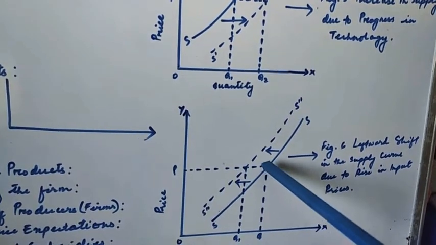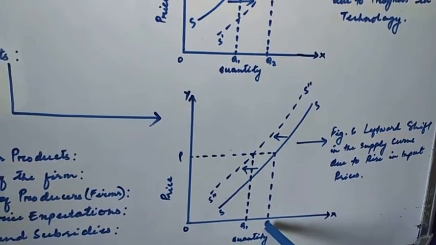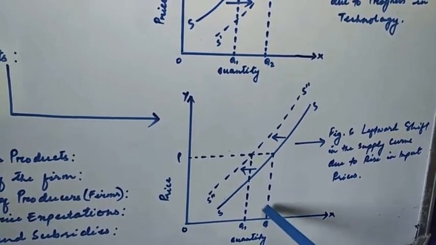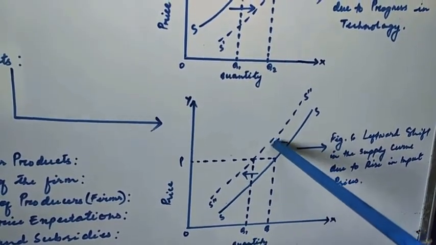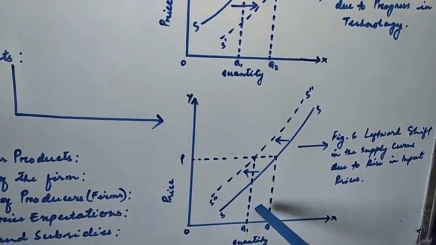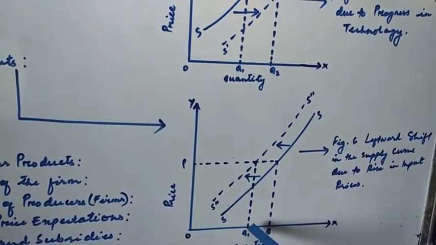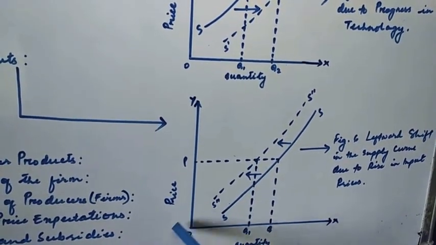Earlier it was the initial supply curve SS, supplying OQ level of output, but with the leftward shift the quantity supplied has become lesser. So OQ1 is less than OQ.